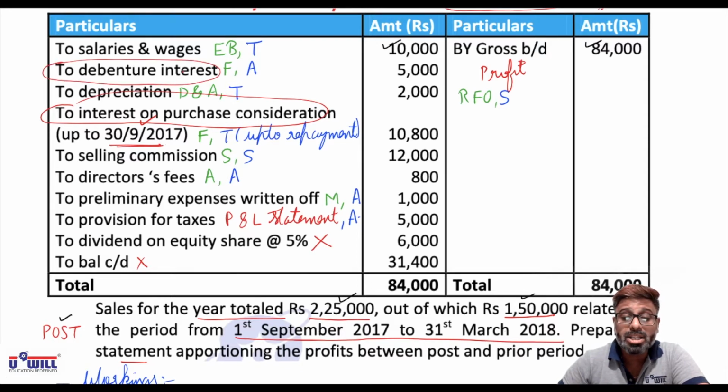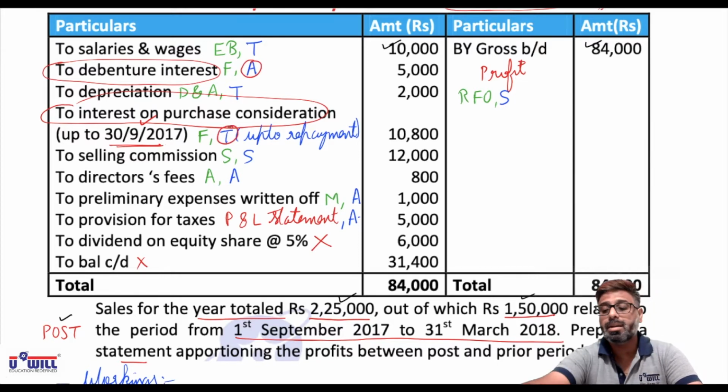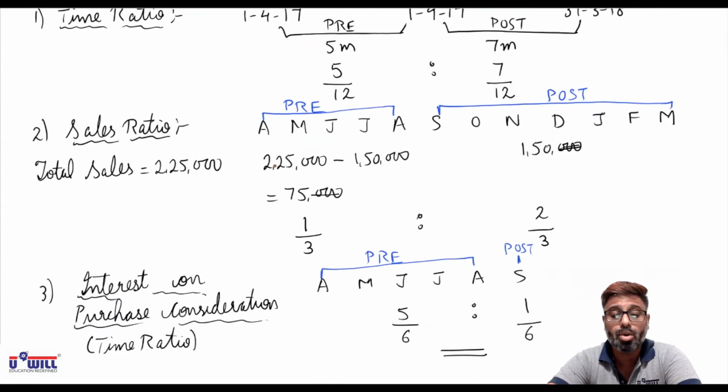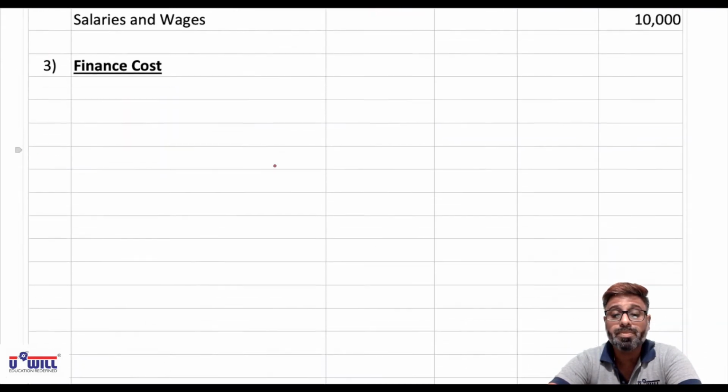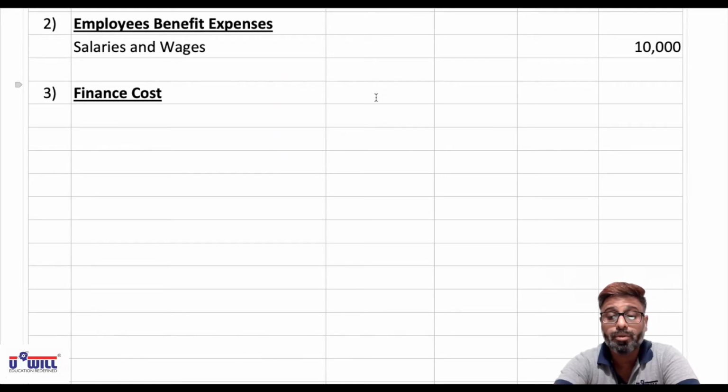One is on actual basis, the other is on time basis up to the date of repayment. Since there are two or more bases in a single note, we will have to make columns. So here you'll make the columns of basis, then total, then pre, and then post.